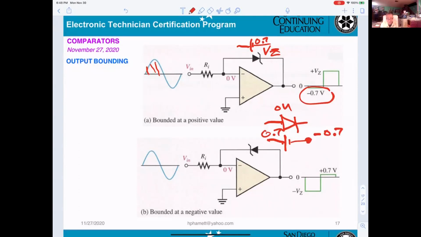Now my question is, when you get the positive here, how come the Zener does not break down? Can you repeat the question? When you apply the negative cycle, you say the Zener is working normal.